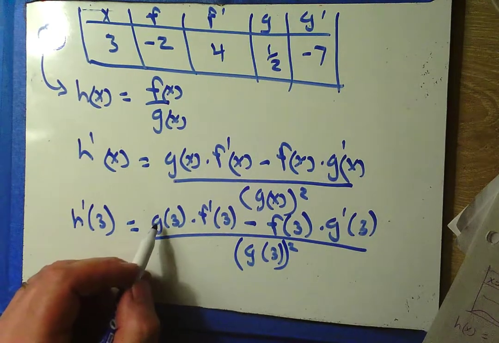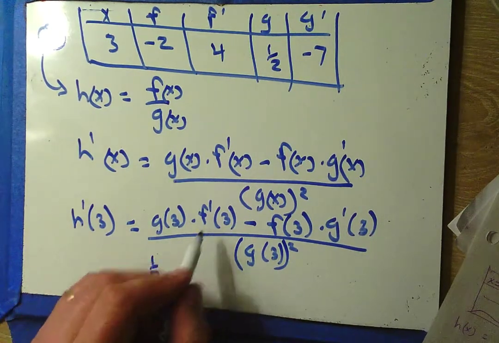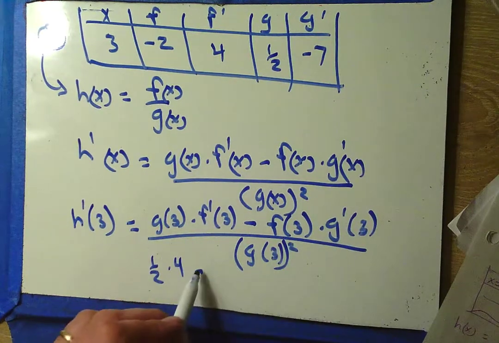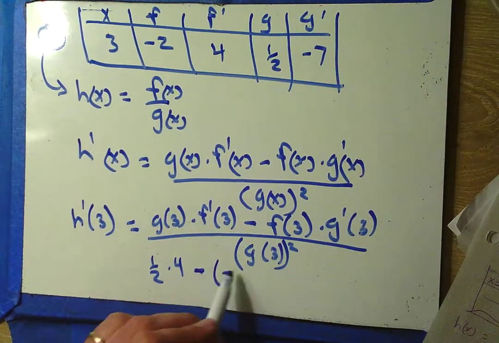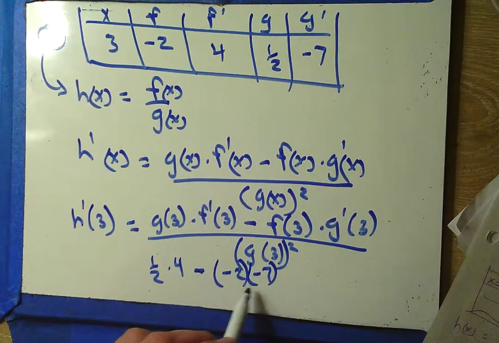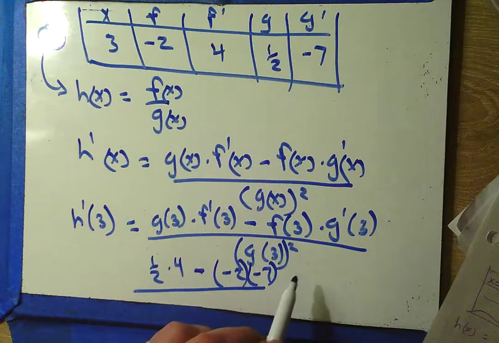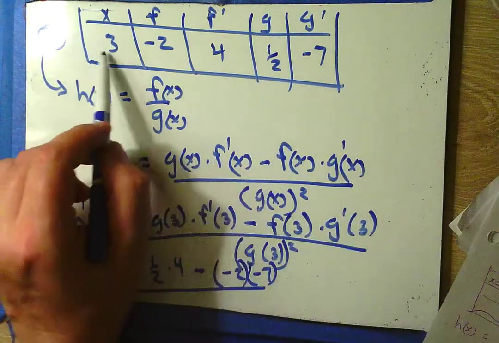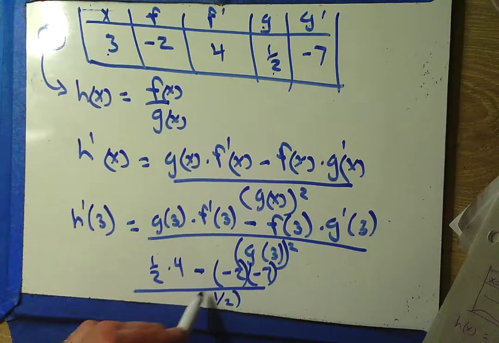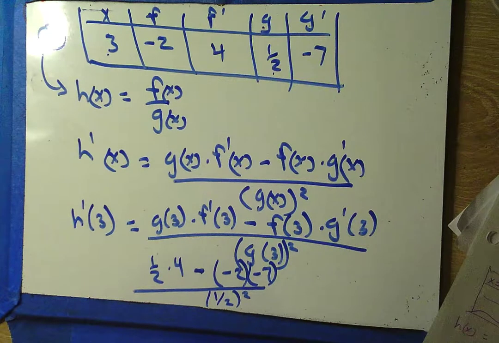Okay, g of 3 is 1/2, f prime of 3 is 4, f of 3, this is a minus, is -2, g prime of 3 is -7, and all of this is over g of 3 squared. G of 3 is 1/2, and I have 1/2 squared. Please note 1/2 squared is not 1.